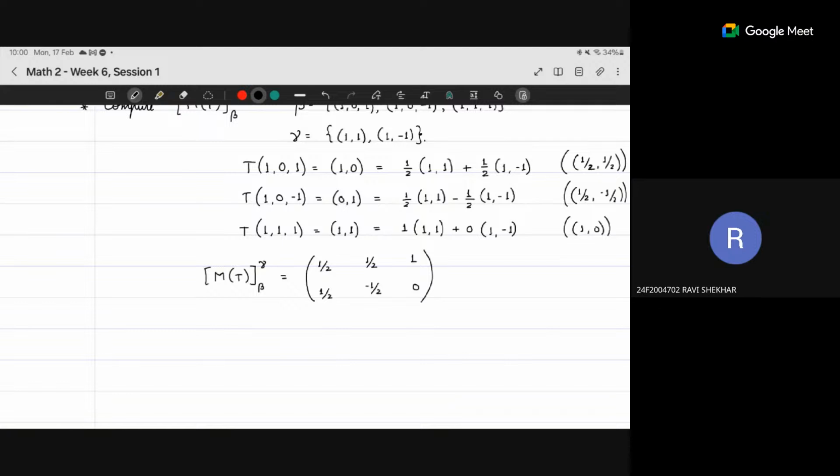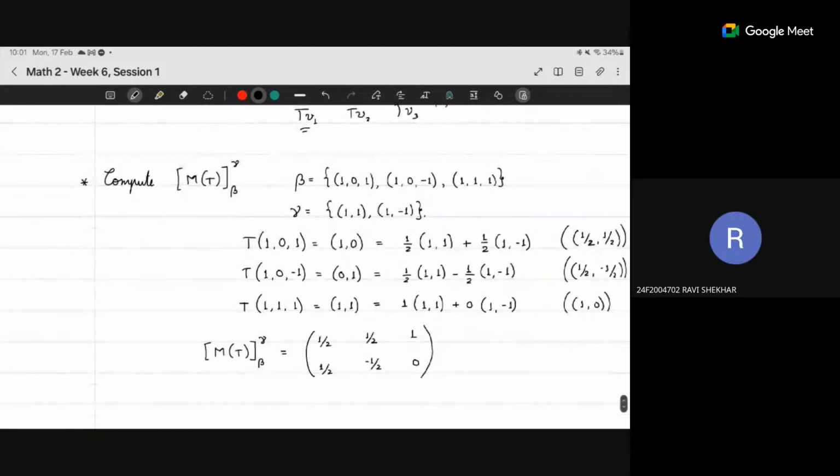Those coordinates form your columns in the order specified by the basis beta. It may be confusing right now, but once you solve a couple of problems, you will get comfortable with this.